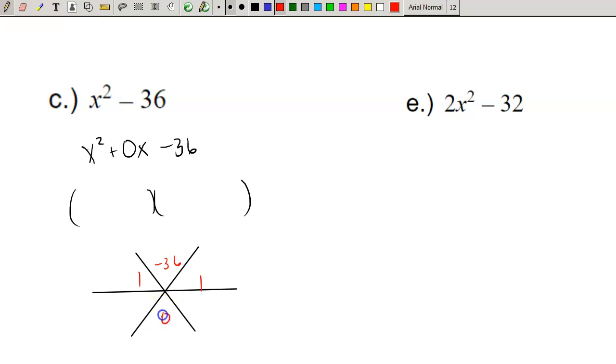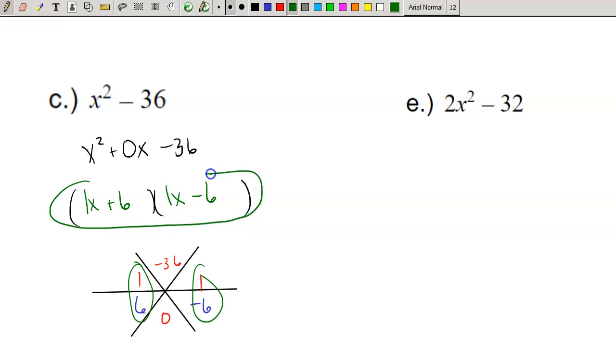And b value is 0 here, so I'm thinking about what multiplies up to negative 36, but adds up to 0. So the only thing that works there is going to be 6 and negative 6. So there's my answer, it's going to be 1x plus 6 and 1x minus 6, or just x plus 6 and x minus 6. So there's my first answer.